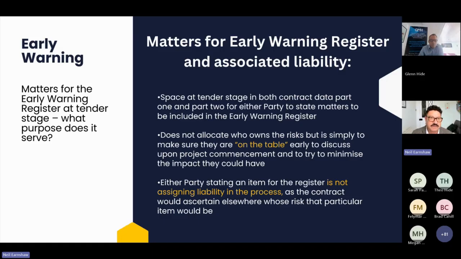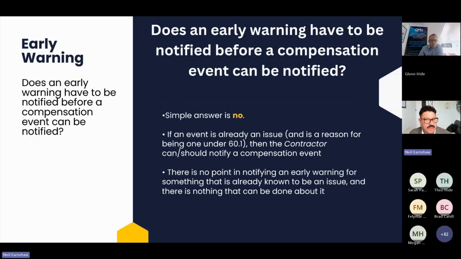So NEC positively decided when they published NEC 4 to go away from that language, remove reference to a risk register and replace it with the language of an early warning register and early warning meetings instead of risk reduction meetings, to clearly illustrate what it's intended for and how it's intended to be managed. Okay, so that's my first part of early warning.